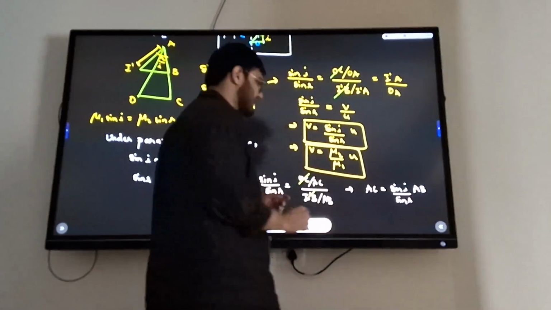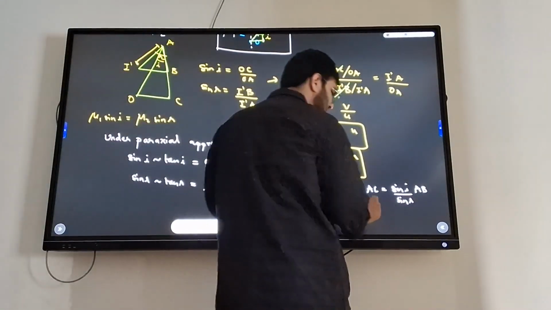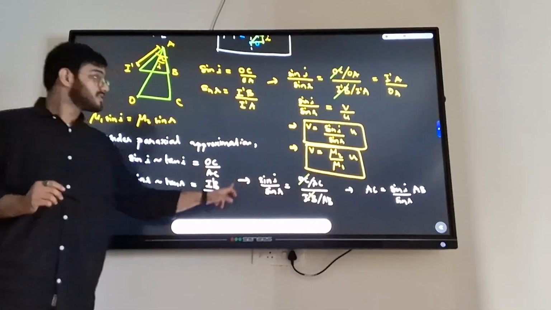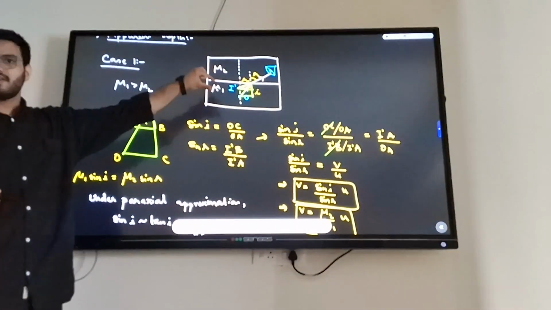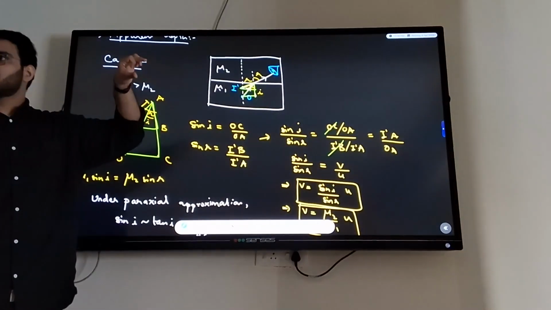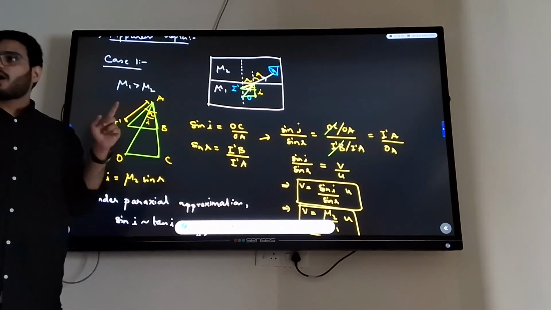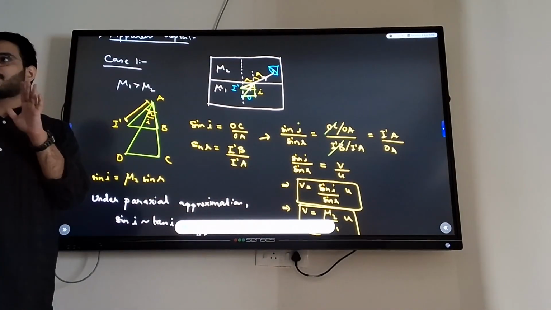What was sin I by sin R equal to? Mu 2 by mu 1. So, what is AC by the way? If you look into this, it is the depth of the object, right? Yes. What is AB equal to? That's the apparent depth. Always remember that the image's depth is the apparent depth.